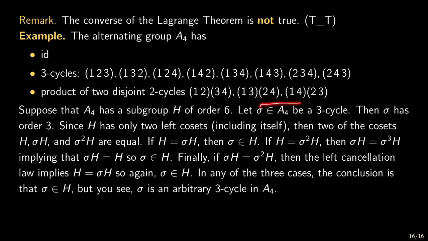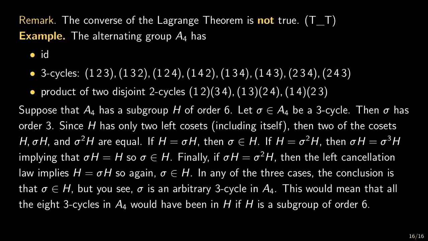Since we took an arbitrary 3-cycle, this says that all 3-cycles are in H. But can that be? You have 8 3-cycles, but H has only 6 elements. That's weird: H can only accommodate 6 elements, yet all the 3-cycles would be inside, by assuming A4 has a subgroup of order 6, as a consequence of Lagrange.